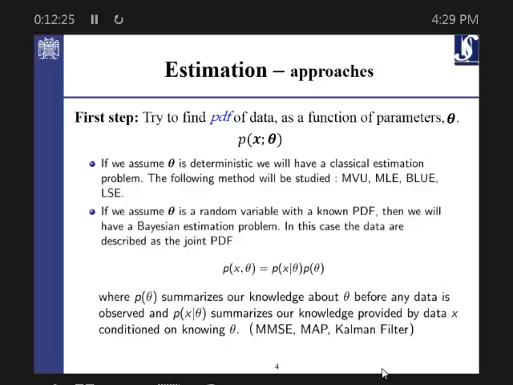The first step we have to take is that we have data, and we know that this random data, this corrupted signal, depends on a kind of parameter. We have to look for a PDF, a distribution for this random variable. A PDF which can be represented as a probability function of the random variable x, given something as a parameter which we don't know.